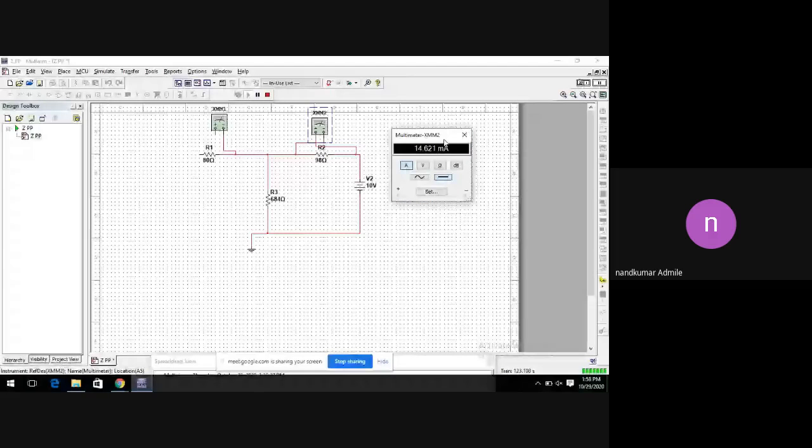Yes. Okay. Here we can complete the simulation experiments on two port networks. So now we only have to perform the experiments on an attenuator. Okay. So once we complete all the experiments.